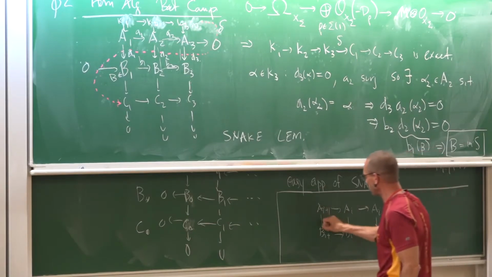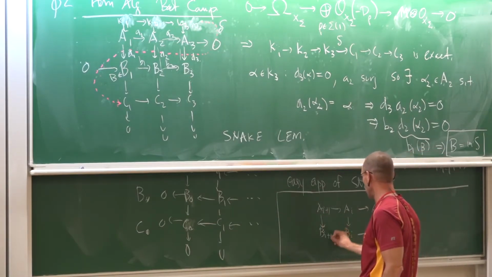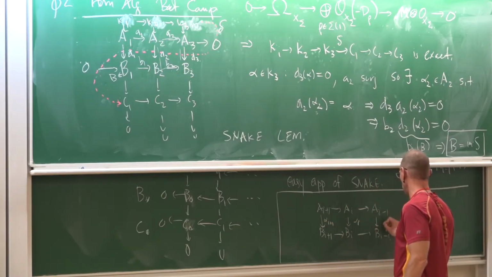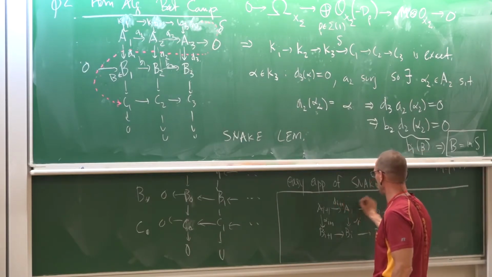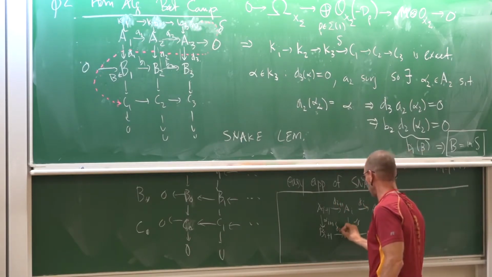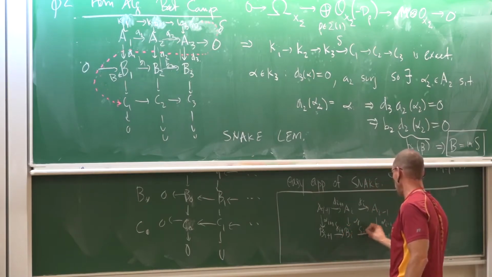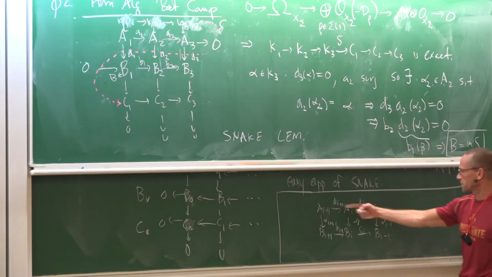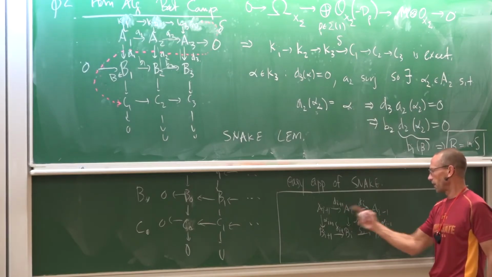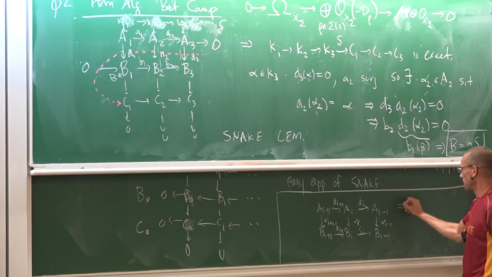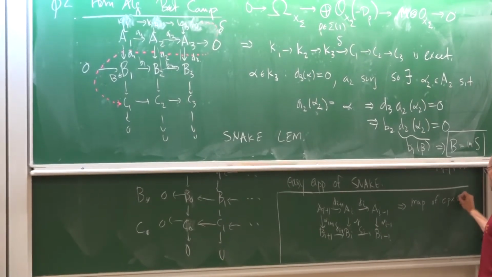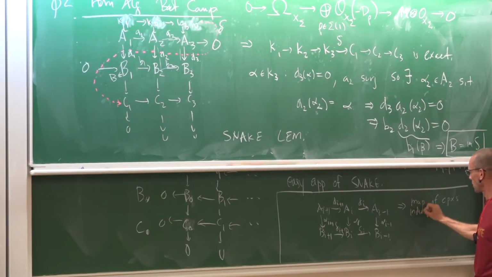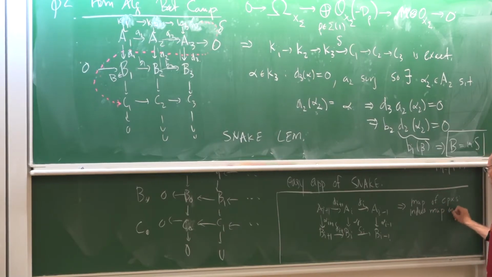So a map of complexes is just something where, let's call these alpha I plus 1, alpha I, alpha I minus 1. Let's call the differentials DI plus 1, DI, delta I plus 1, delta I. So a map of complexes is simply a map between these things such that the whole diagram commutes. And then it's an easy exercise that a map of complexes induces a map on homology.